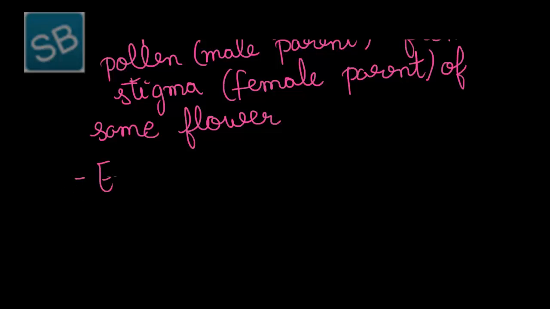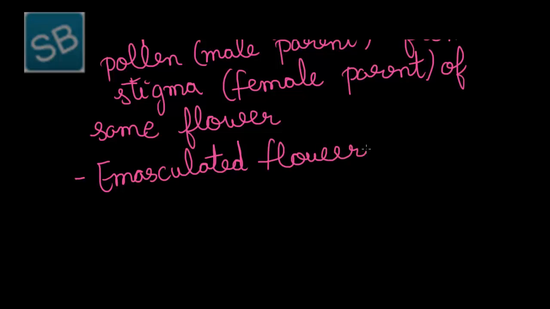The following technique is known as the bagging technique. In this, the emasculated flowers, that is the flowers which are separated from the anther, are placed in a bag-like structure made up of butter paper.